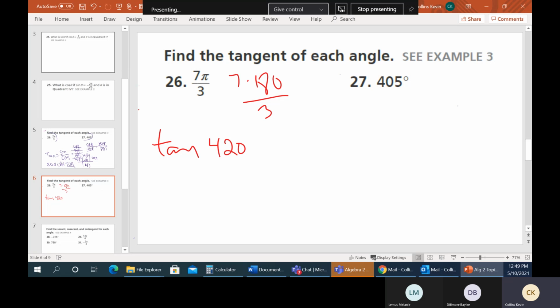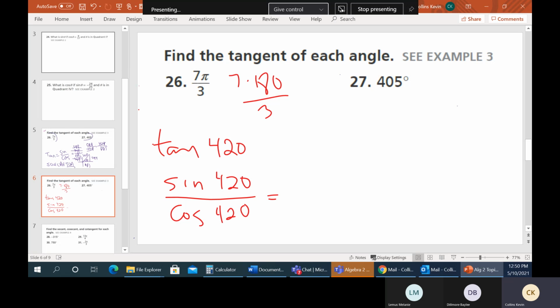So here's what we got here. The tangent of 420 is the same as saying the sine of 420 divided by the cosine of 420.